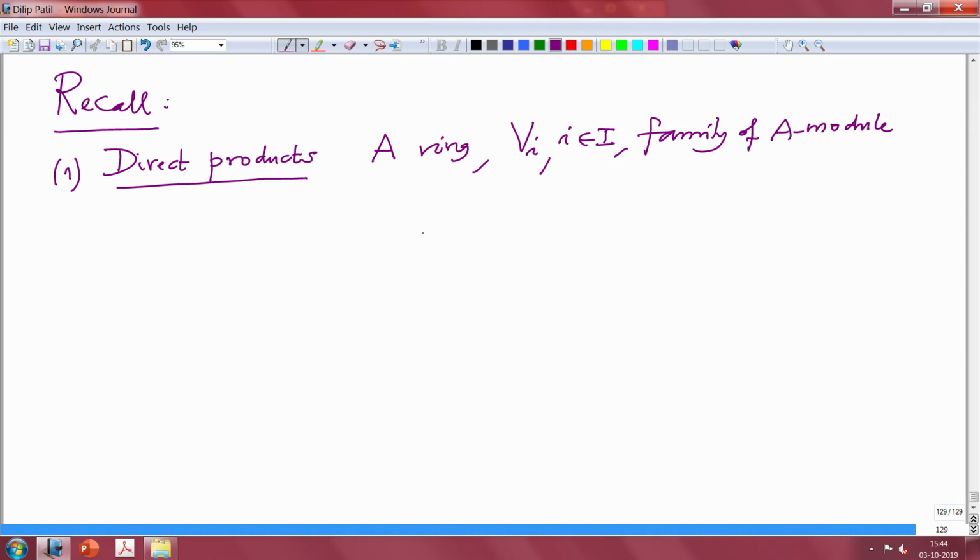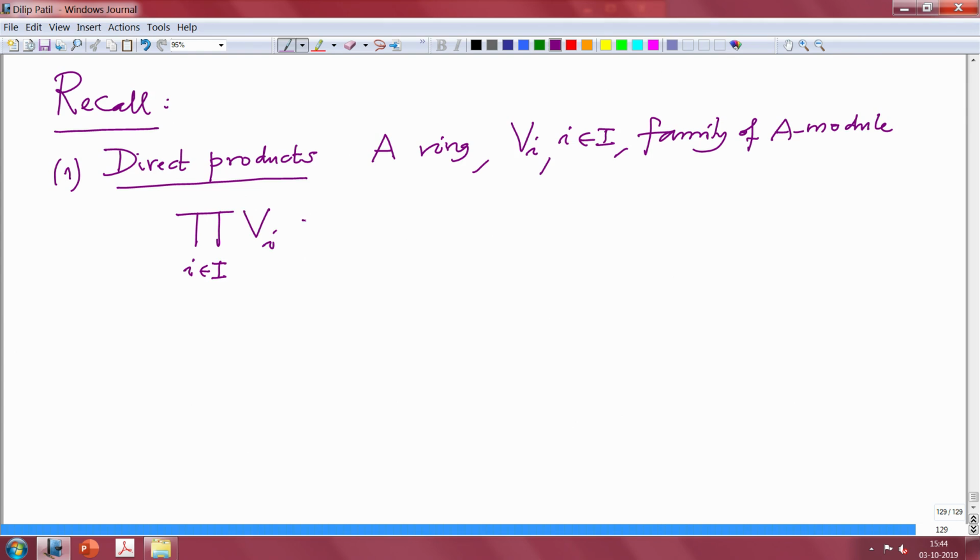Different indices i will give different modules and different module structures, remember that. So, the Cartesian product, let us denote it product over i in I of Vi. This is the Cartesian product.